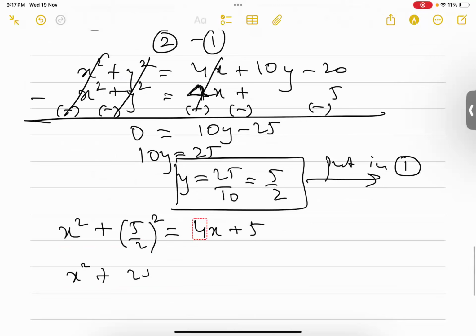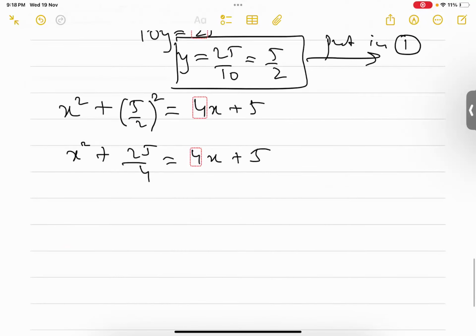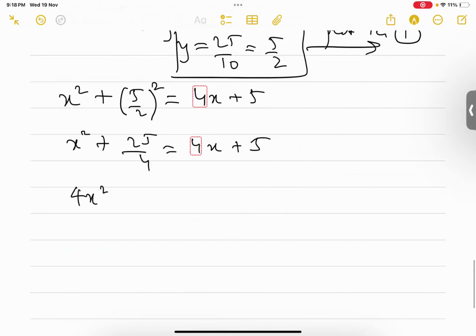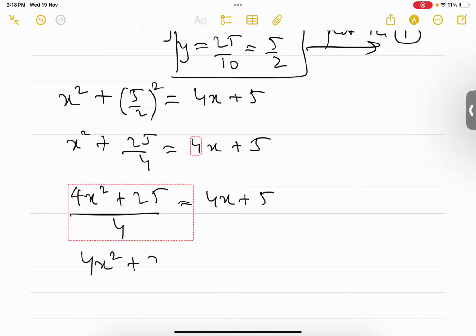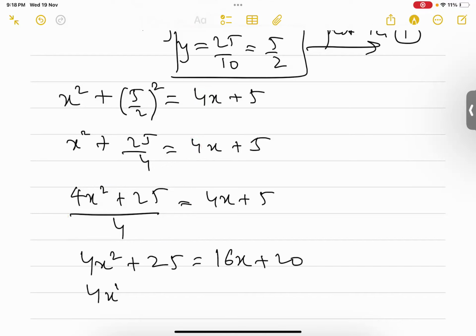So x square plus 25 by 4 is equal to 2x plus 5. Take LCM. 4x square plus 25 is equal to 8x plus 20. So 4x square minus 8x plus 5 is equal to 0.